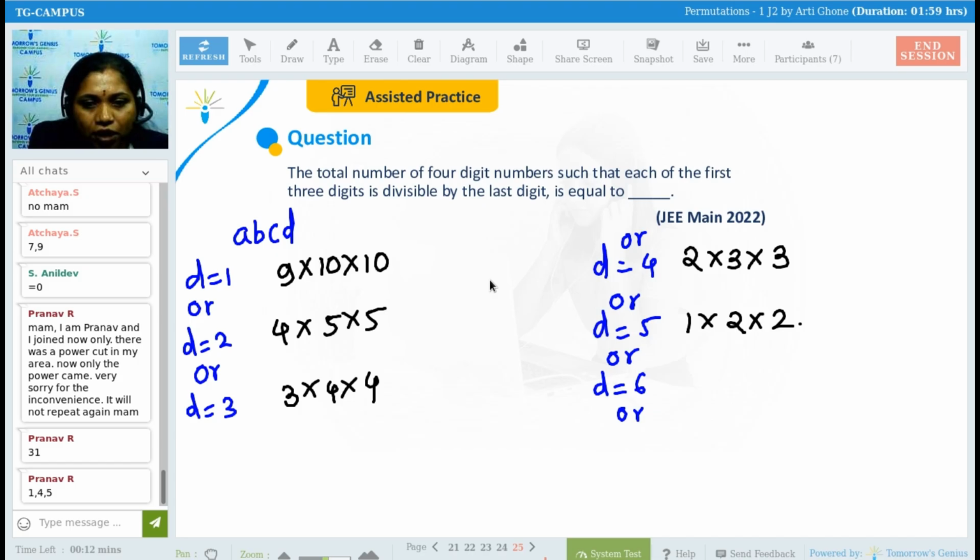So we have this much data basically. Now 6 or 7 or 8 or 9, out of which 7 is the remaining case. So what is the divisibility of 7? For 7, you need to check the table of 7.